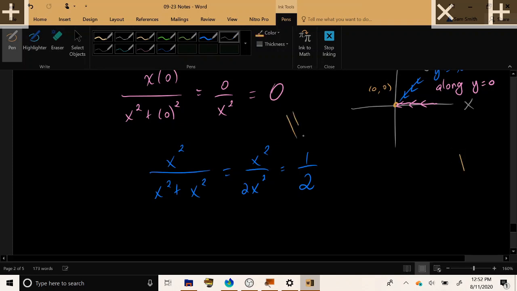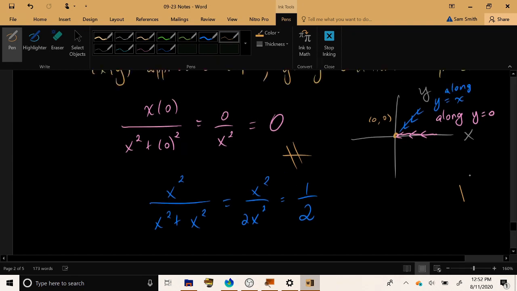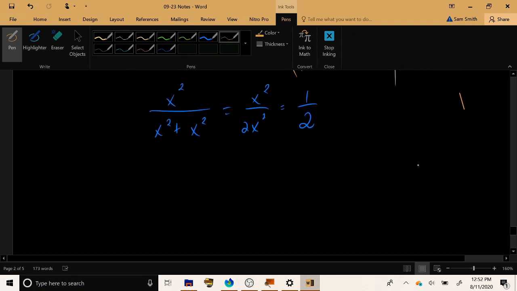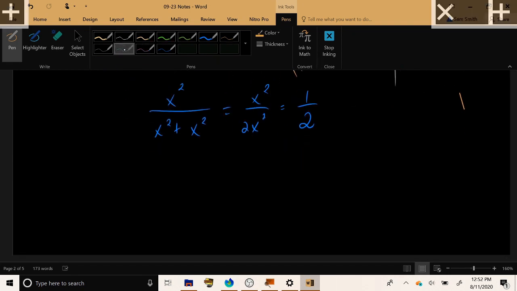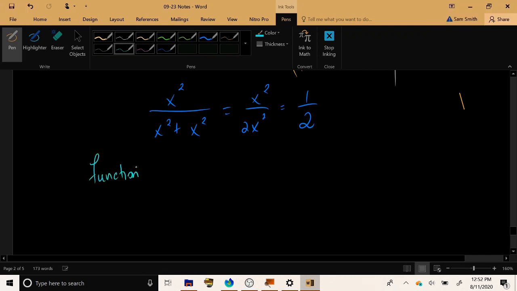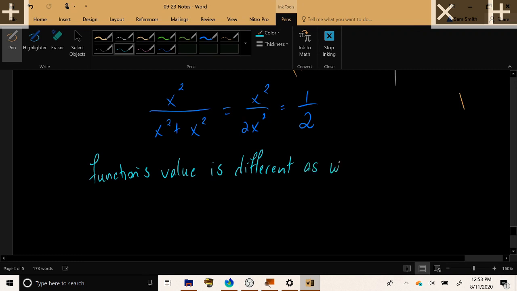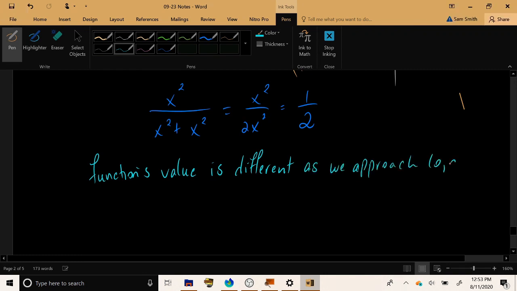1/2, which is not equal to the 0 which I got from the other method of approach. So then I can conclude the following. The function's value is different as we approach 0, 0 along the two paths.